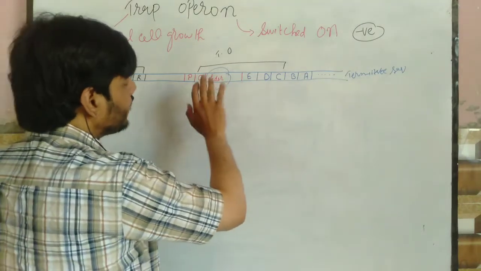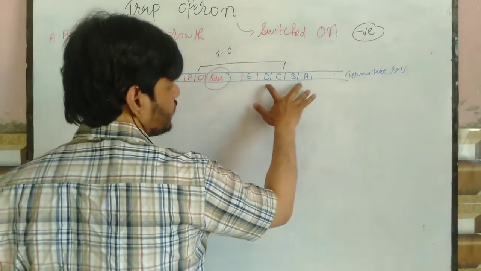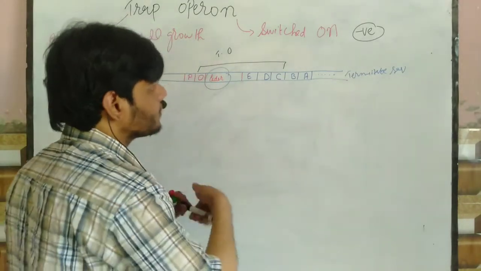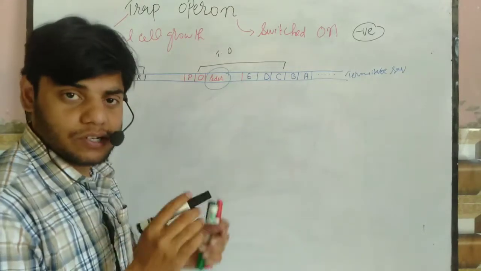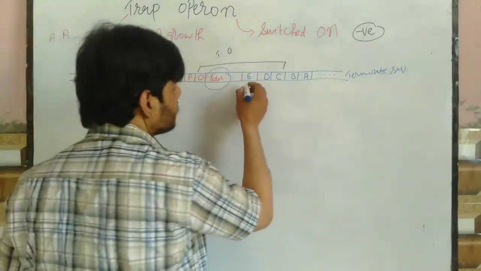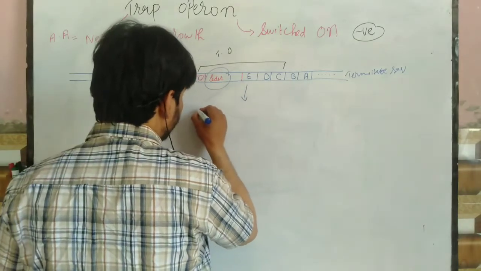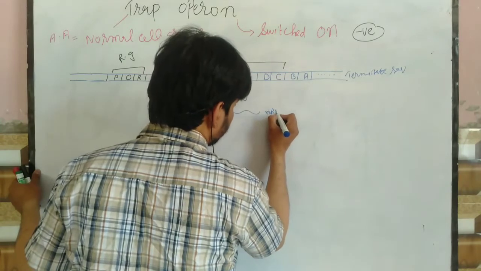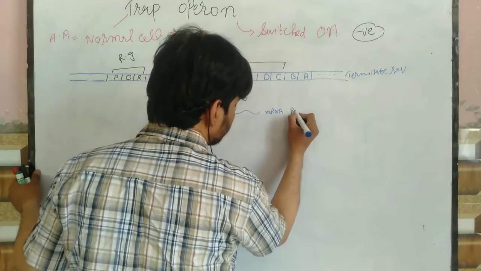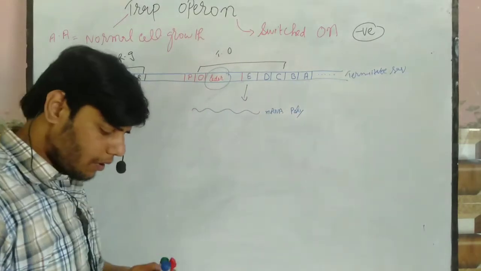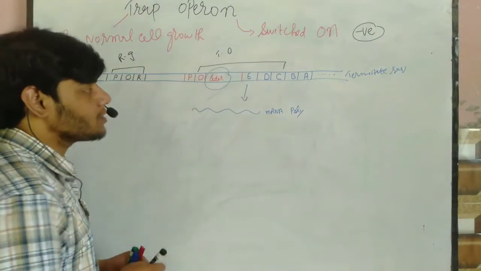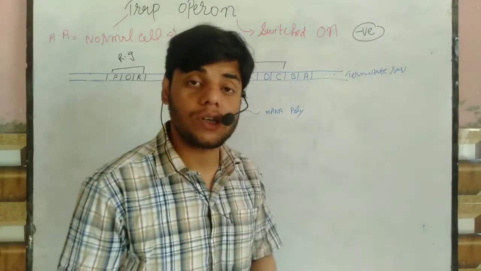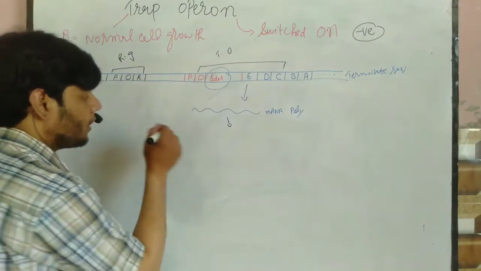Now what happens? It contains these five genes, A, B, C, D, E. So again, this is polycistronic gene expression, and it will give us RNA, which we call mRNA, a polycistronic mRNA. From this polycistronic mRNA we get different types of proteins.